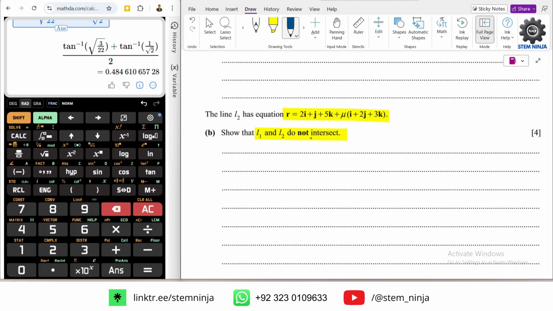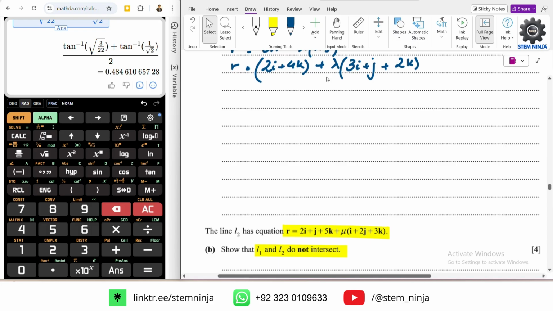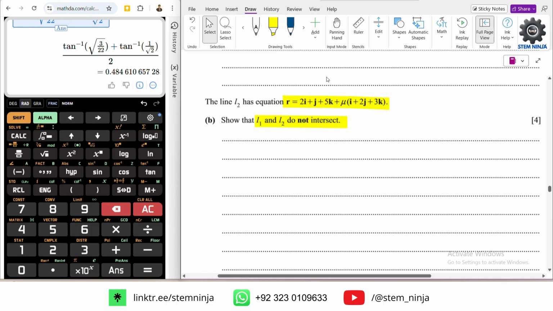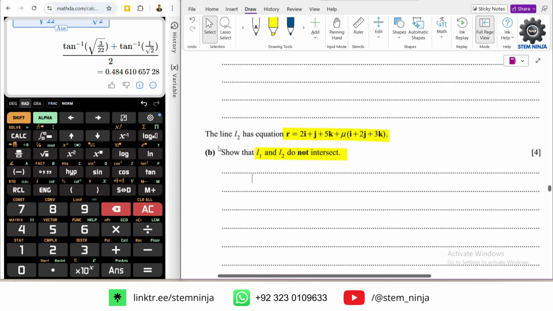Okay, so first off we need the parametric equation of the points of intersection. So when we equate the lines, okay, so we get 2i plus lambda 3i, 2 plus lambda 3.